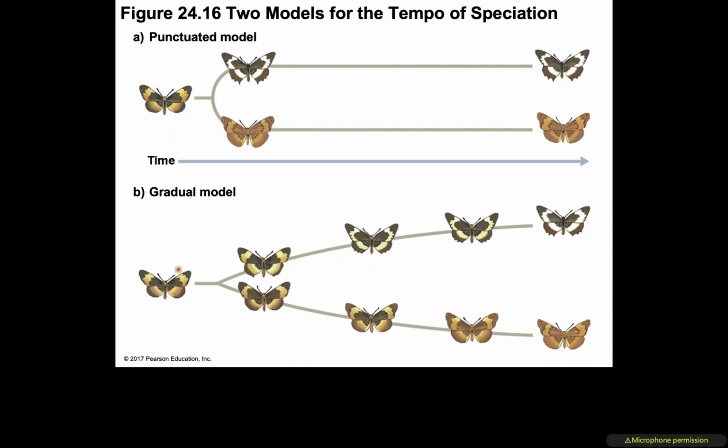In the gradual model of speciation, the tempo, if you look at this butterfly, you can see the offspring still similar, still close enough to be called the same species.